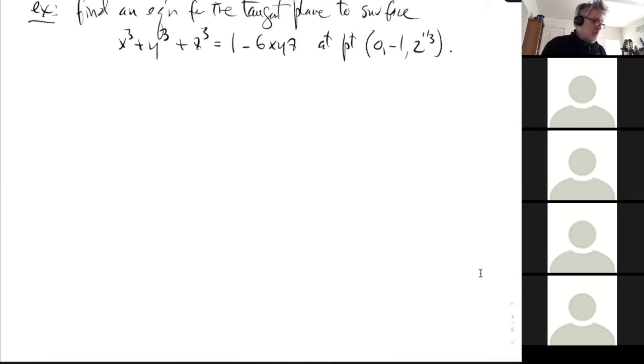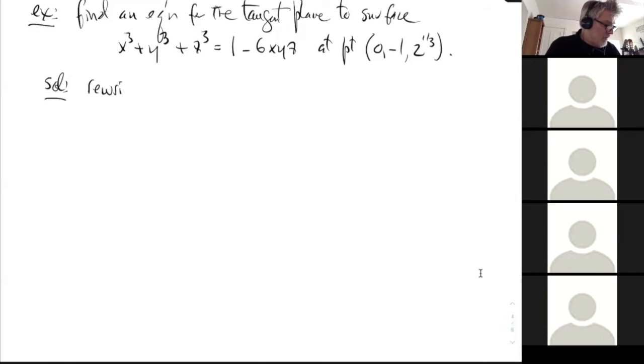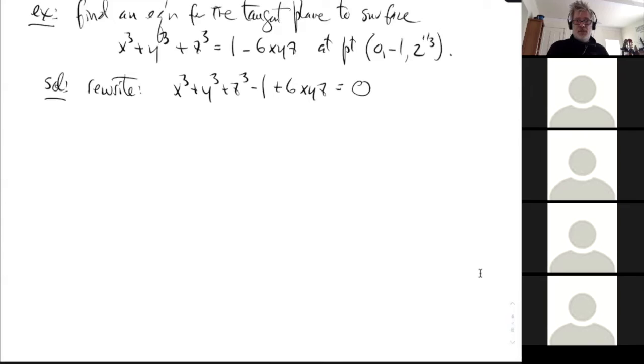All right, so first, what you want to do is rewrite your equation as a level surface. So I'll rewrite it this way: x cubed plus y cubed plus z cubed minus 1 plus 6xyz equals 0.